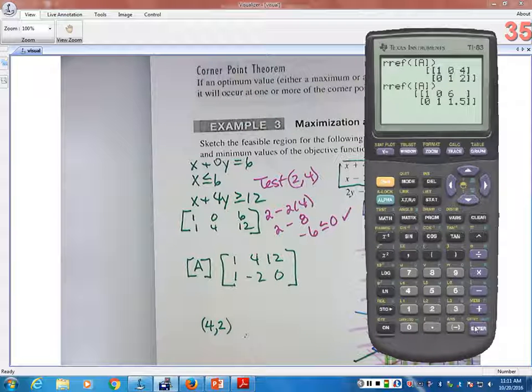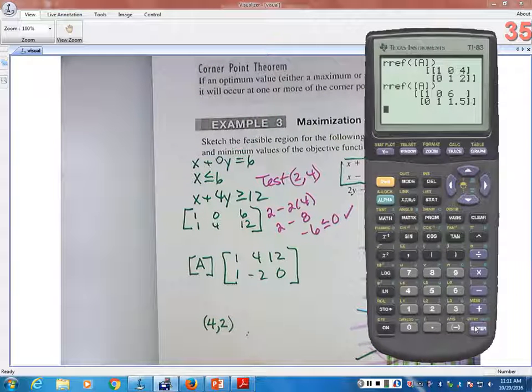So that point is 6 and 1.5. That point right there.